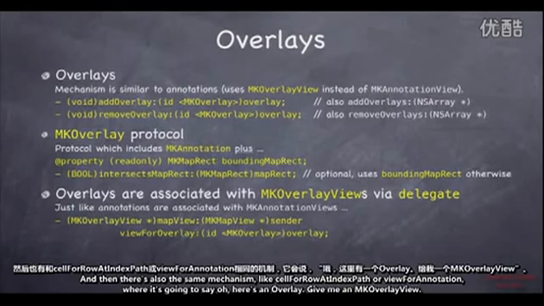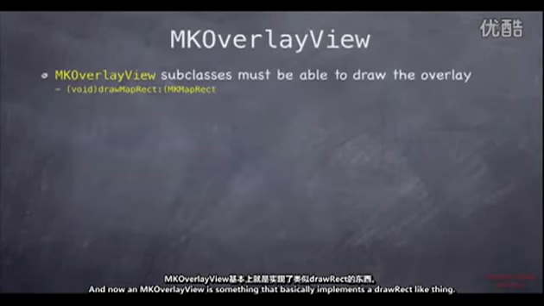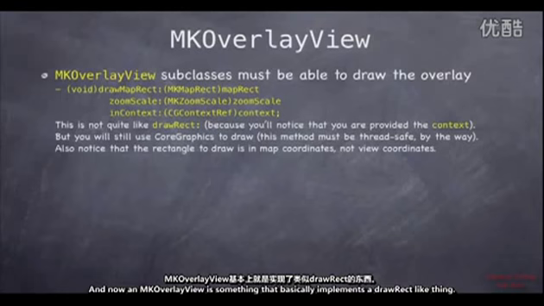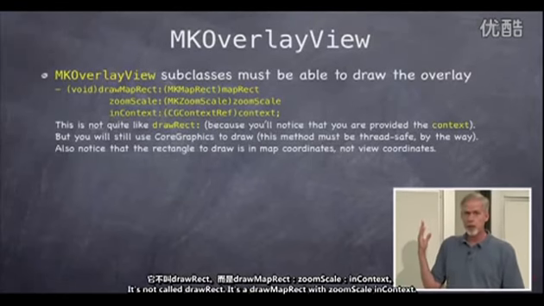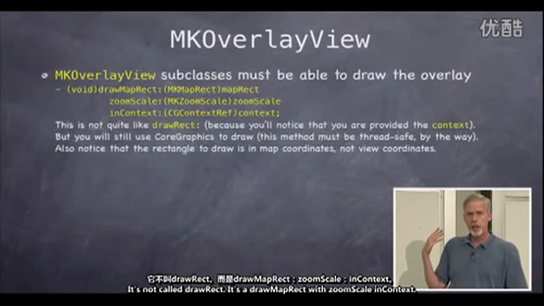And then there's also the same mechanism like cellForRowAtIndexPath or viewForAnnotation, where it's going to say, here's an overlay, give me an MKOverlayView. Now an MKOverlayView is something that basically implements a draw rect-like thing. It's not called drawRect, it's drawMapRect:zoomScale:inContext. So notice you're getting the drawing context here.